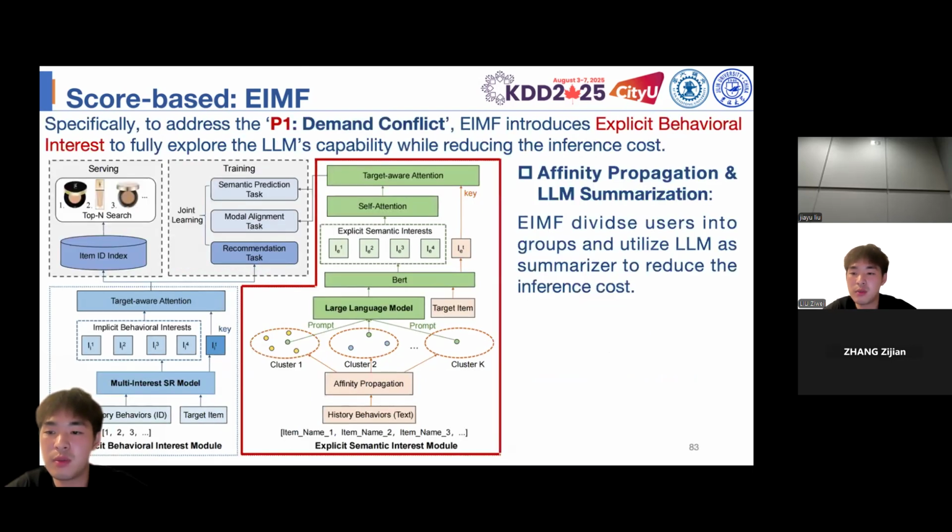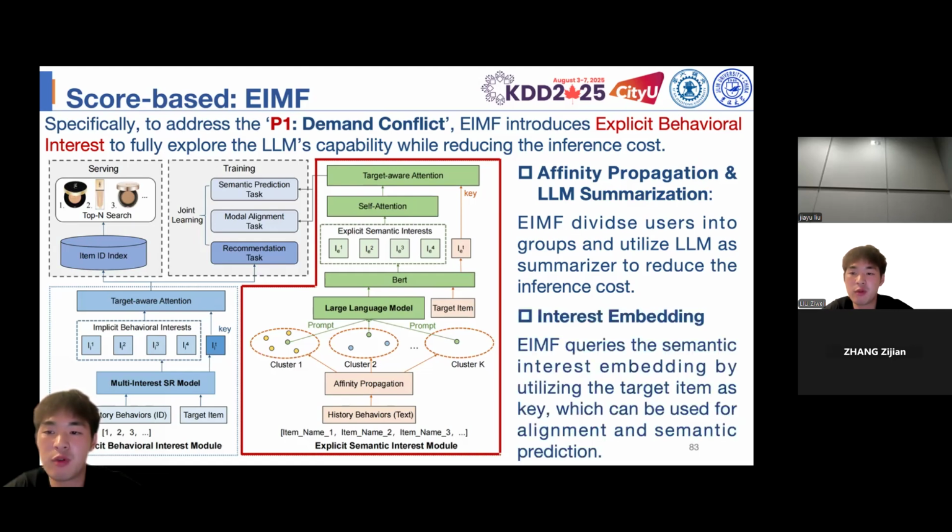To address P1, EIMF introduces explicit semantic interest to fully explore the LM's capability while reducing the inference cost. For the first step, EIMF divides the users into groups and utilizes the LM as a summarizer to reduce the inference cost. And then for the interest embedding, EIMF acquires the semantic interest embedding by utilizing the target item as a key, which can be used for further alignment and semantic predictions.